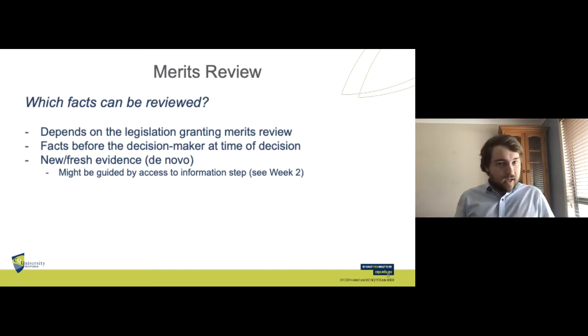This week, thinking about merits review and the questions of fact that can be reviewed, we might be able to review the decision and introduce new evidence based on the freedom of information application. But you can only do that if the legislation permitting merits review allows for a de novo hearing.